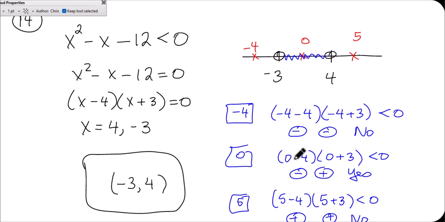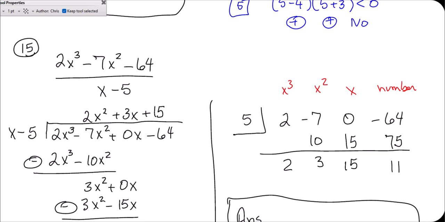If you plug in 0 in both places, I'd get a negative and a positive, but the product is certainly less than 0. If I plug in the 5, I get 5 minus 4. That would be plus. 5 plus 3 is plus. The product of two pluses is a plus, but it's not less than 0. So we've solved the problem, plotted it on a number line, and written the answer in interval notation.